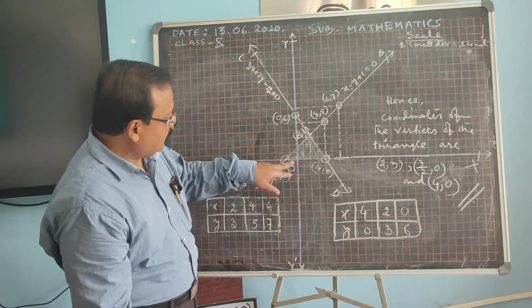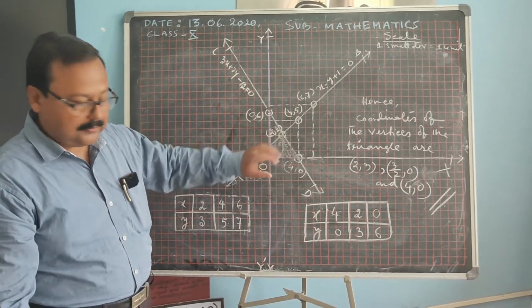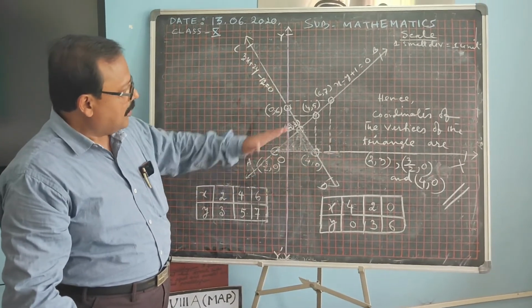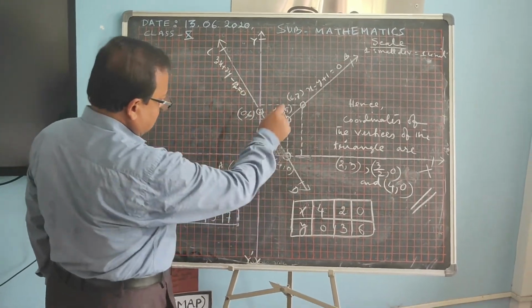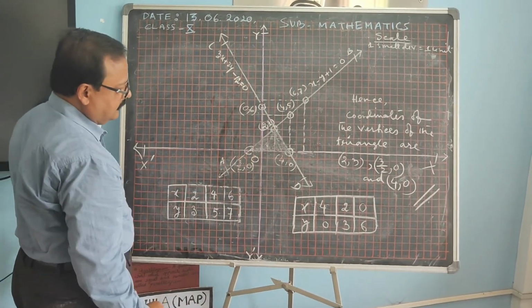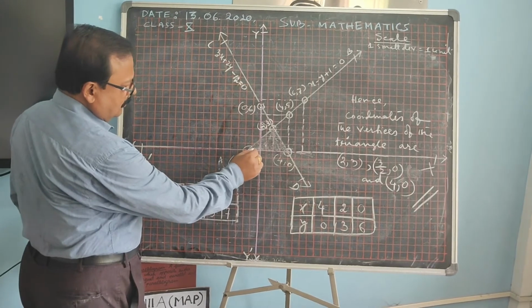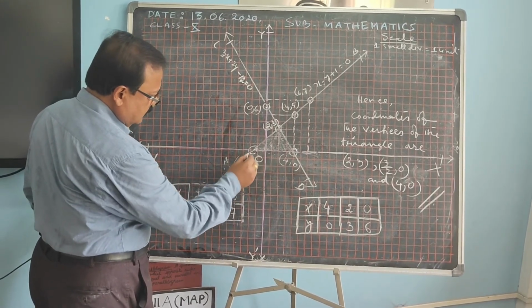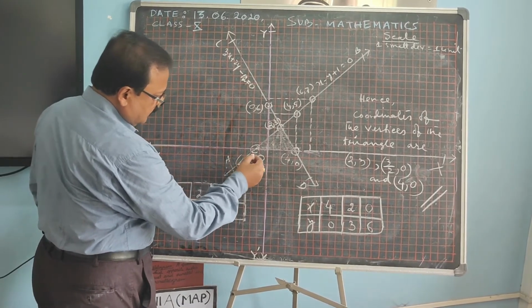Already I have told that this graph board is not an actual rectangle or square shape in all cases, and my line also I have drawn, it may be something different. That is why the result may come as 1, minus 1 also. Here minus 1, 0. It may be minus. I think in my graph, it is minus 3 by 2.